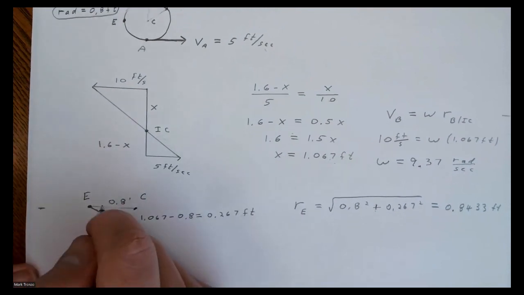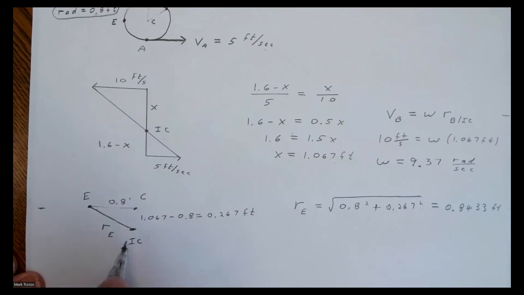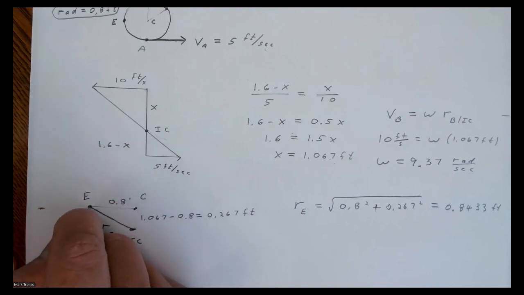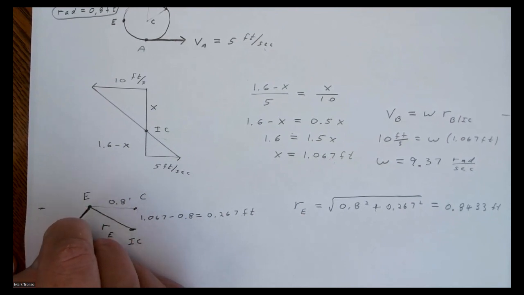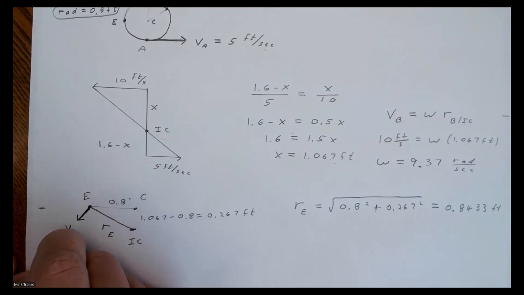Now we know that if this is the instant center here and this is the velocity, then the velocity at E will be directed in this direction.